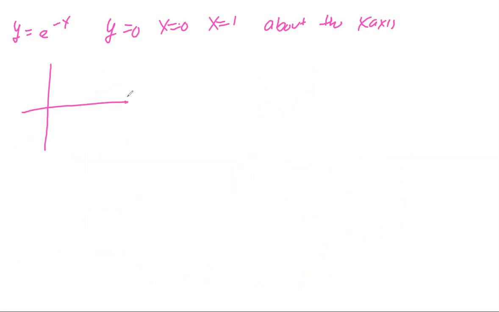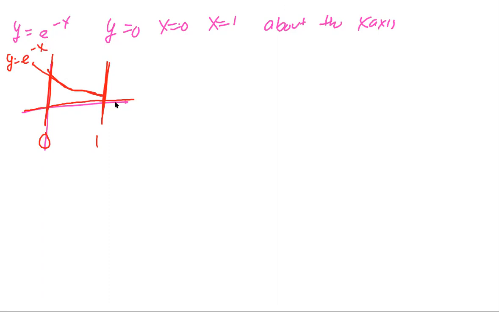So y equals 0 is going to be this. X equals 0 is this. X equals 1 is here. So 0, 1. Y equals e to the negative x is going to be a decreasing exponential function. So this is our y equals e to the negative x.